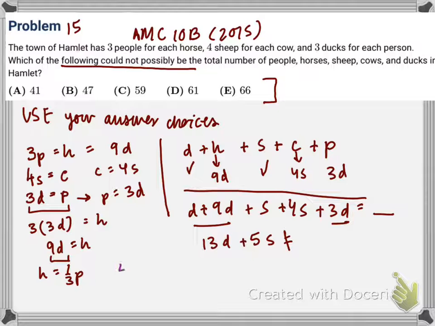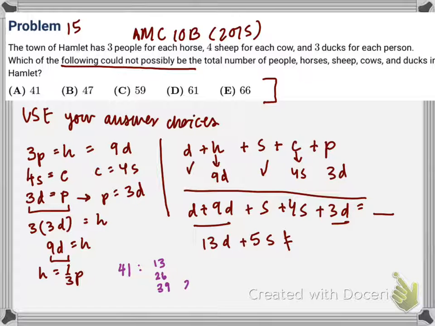So I've got 41. And I'm going to say, can I write that as the sum of a multiple of 13 and a multiple of 5? So multiples of 13 leading up to 41 are going to be 13, 26, and 39. Actually, let's work backward.